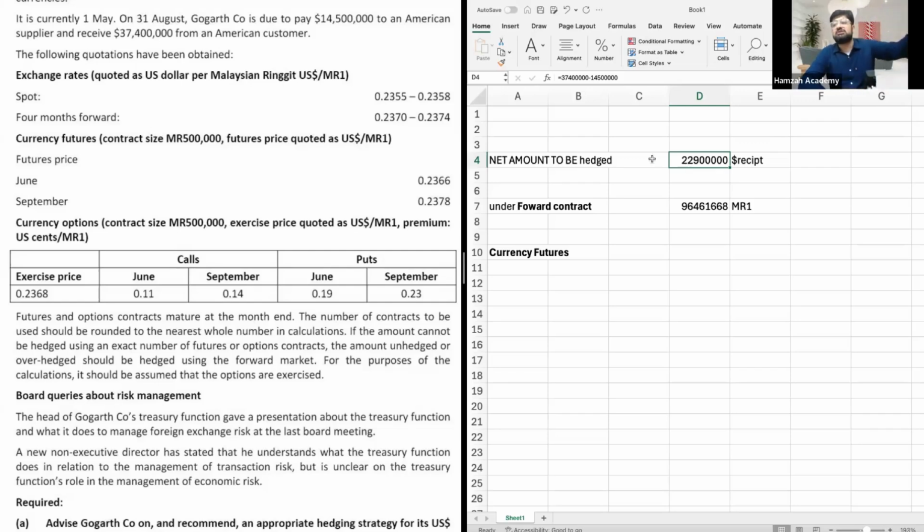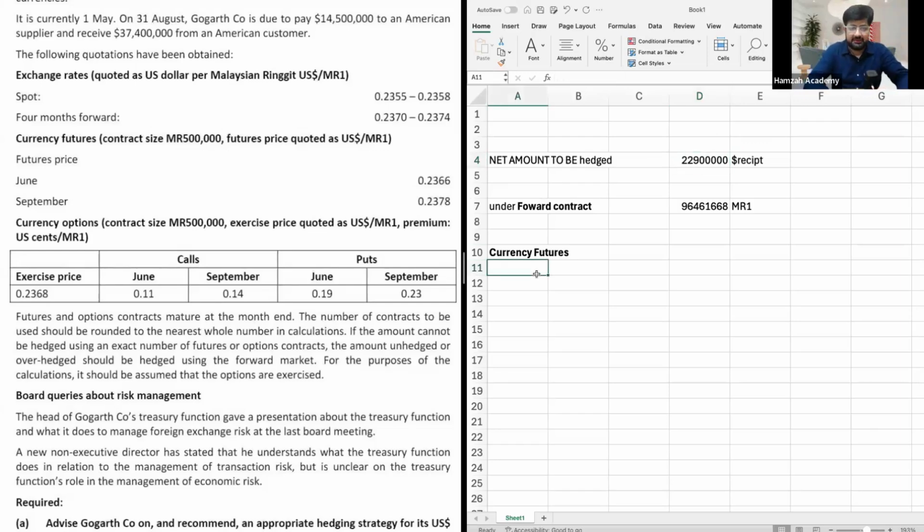So they have to sell dollars, receive ringgit. The contract size currency is ringgit. They have to sell dollars and receive ringgit. So ringgit will be received, so the contract size currency has to be purchased.